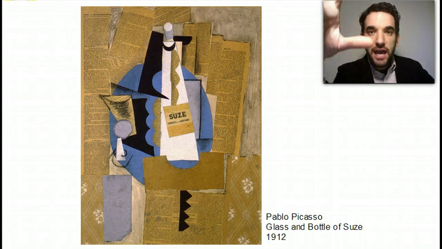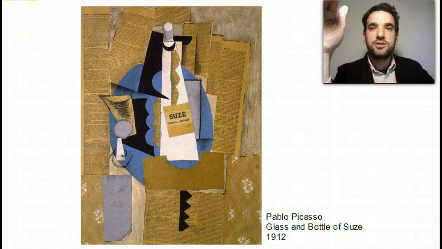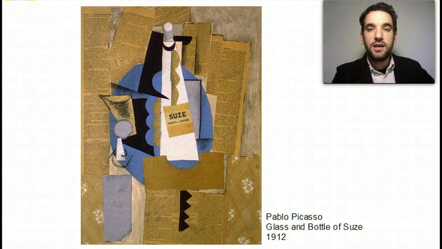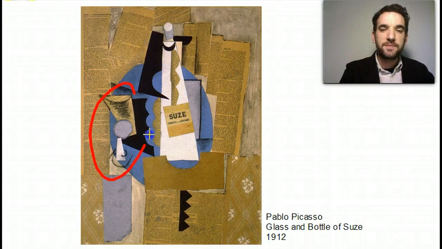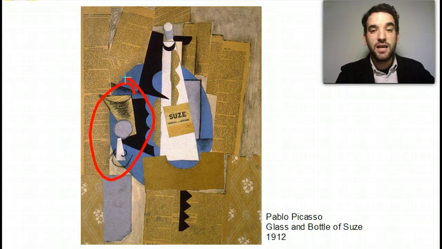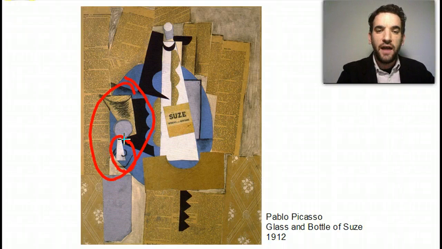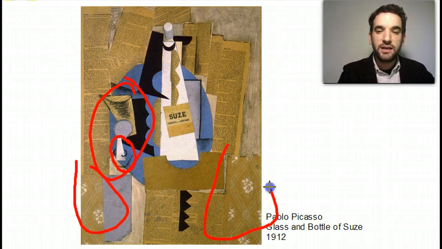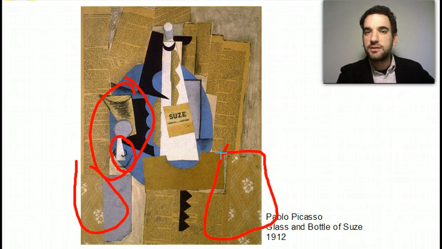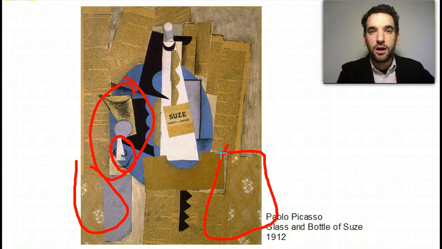To include the label of the bottle of wine is to allude to the fact that they're having this specific bottle of alcohol. And then there are just some rough shapes like this to indicate that there's a glass, that there is some other thing on the table, maybe a salt shaker, and then this pattern here to indicate that there is some sort of decorative motif where they are.